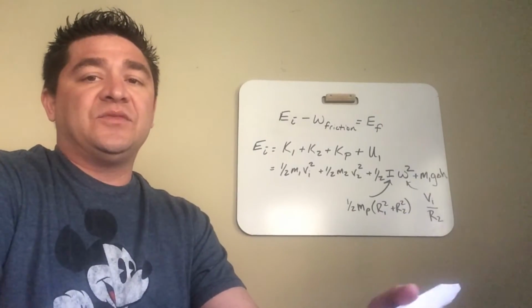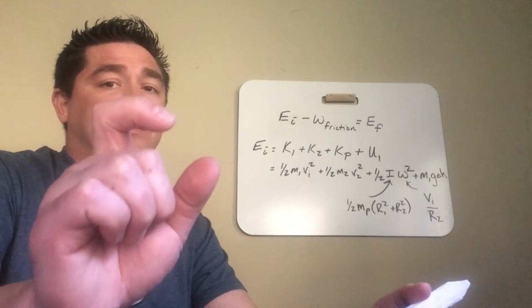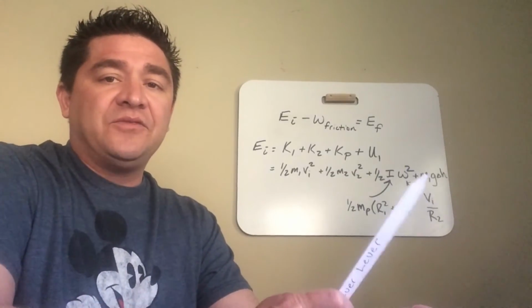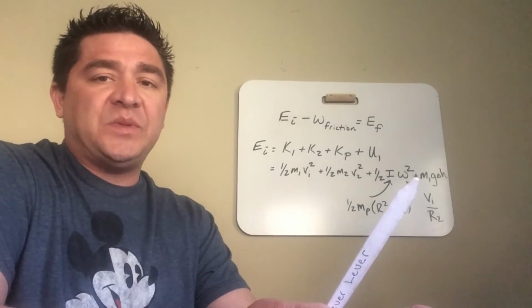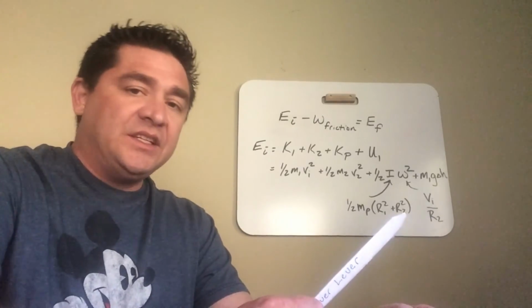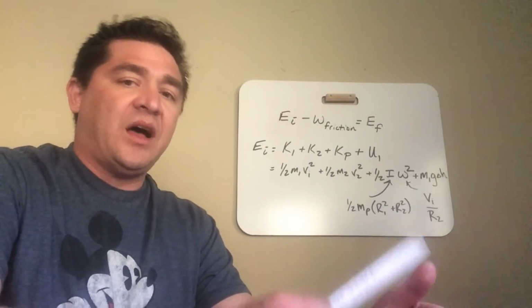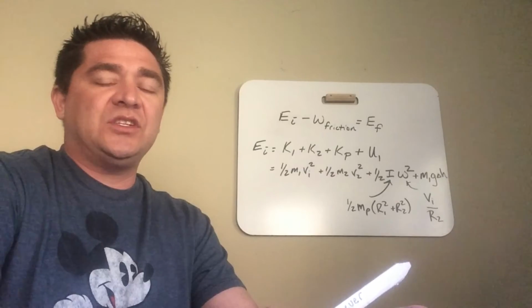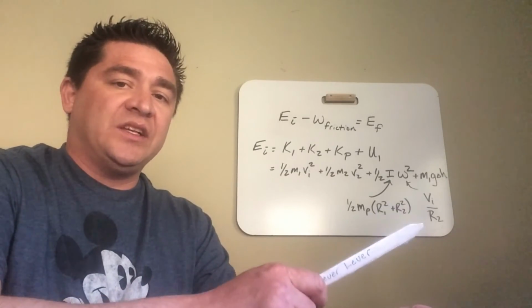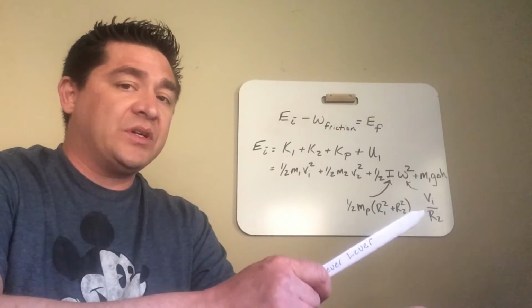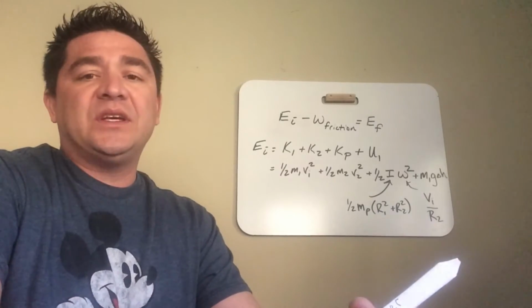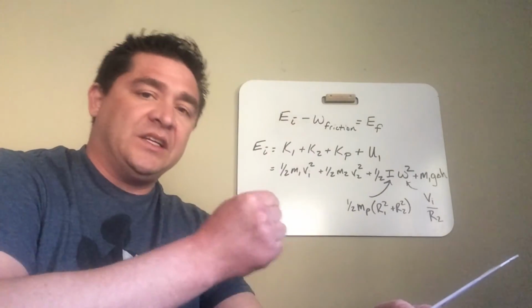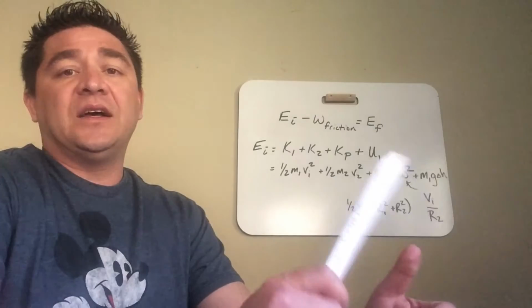So that is the formula for our thick-walled cylinder. And then convert the angular speed of the pulley into the linear speed of the blocks using our translation equation: the initial velocity over R2. Important here, this one's R2 because the string is wrapped around the larger radius, which they've called R2. So hopefully that makes sense.